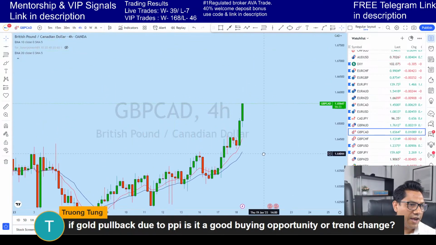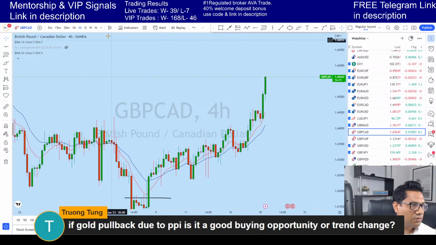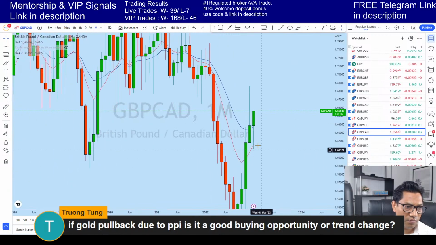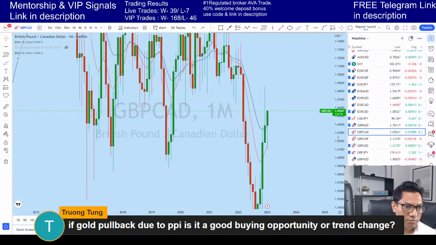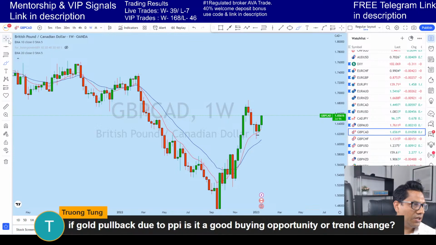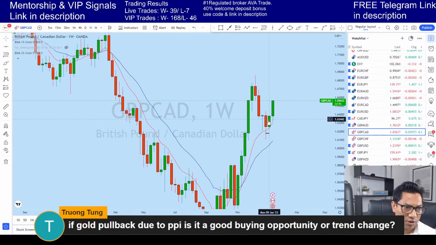Okay, GBP CAD, we see again a very strongly bullish market. Looking at monthly, GBP CAD has a very strong liquidity grab from this level. Looking at weekly, the previous week there was a green candle. This week the price, after a little retracement, is going up.